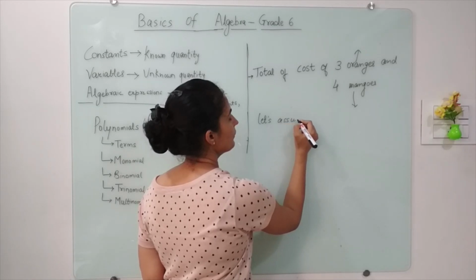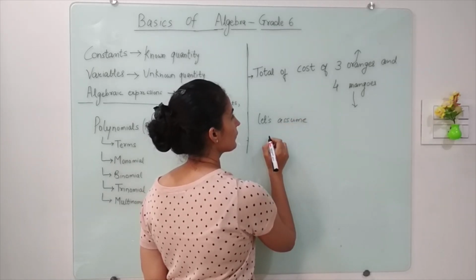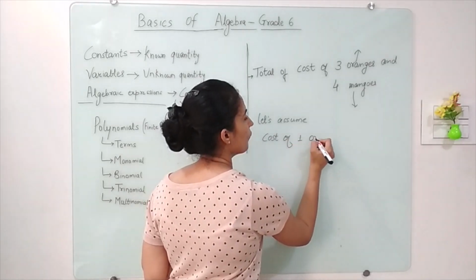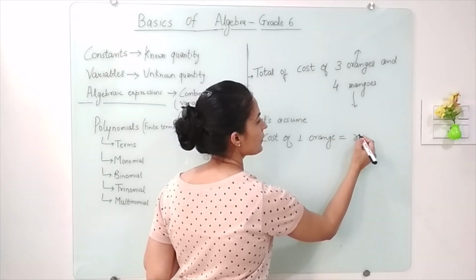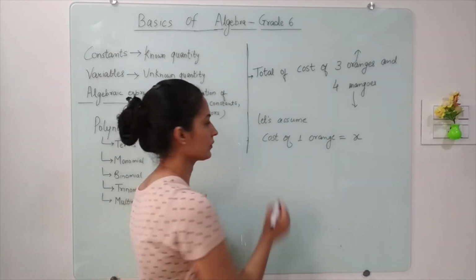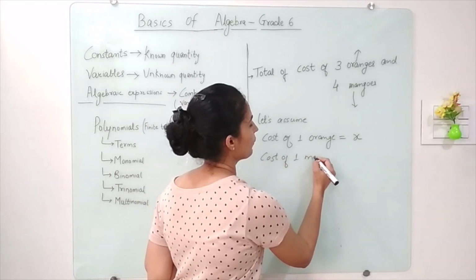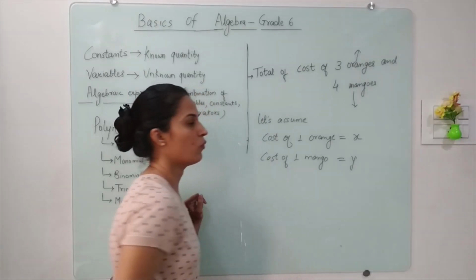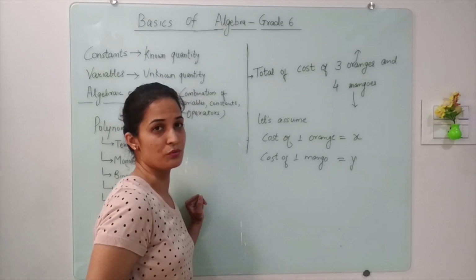Let's assume cost of one orange is equal to, suppose, X. Cost of one mango is equal to Y. I don't know the cost of any of these two.